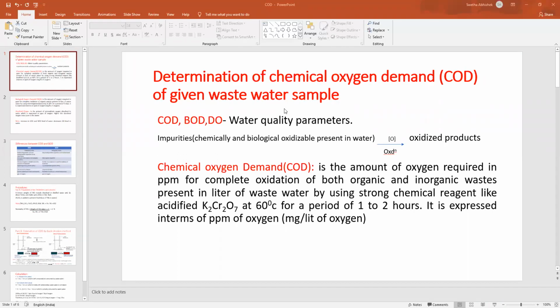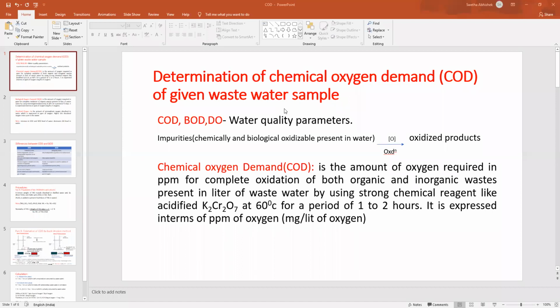So what is wastewater? Wastewater is the water which cannot be used for domestic usage or for agricultural practice or for industrial usage. Wastewater is highly contaminated water that is discharged by household activities or industrial activities.